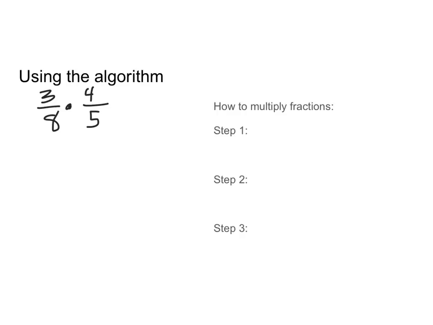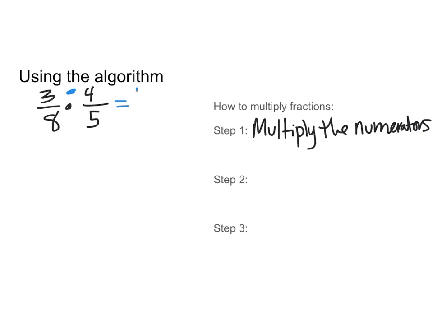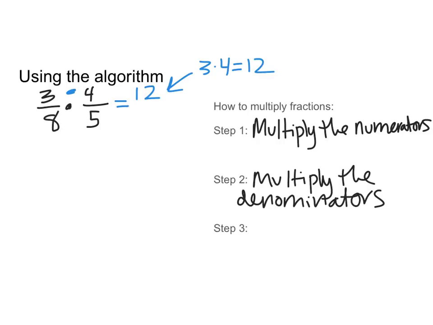All right, let's do some more examples. For our first example, let's do 3/8 times 4/5. As we do it, let's write down what our steps are, because we're going to do the same steps every time. Our first step is to multiply the numerators. So 3 times 4 equals 12. Step 2, we're going to multiply the denominators.